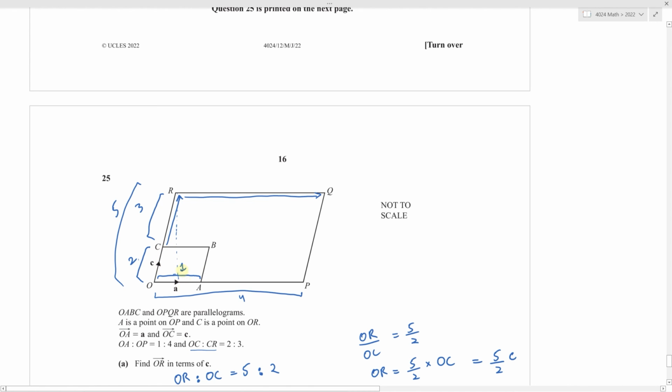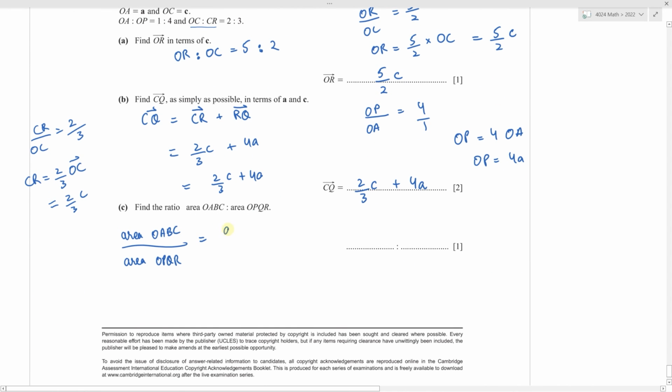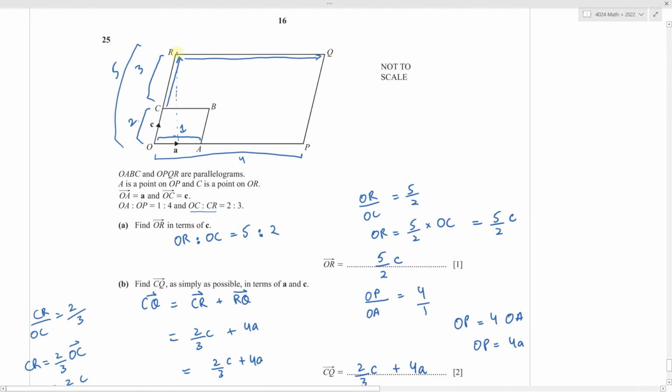So the area of this smaller parallelogram will be this A times C, so AC. What is the area of the other parallelogram? We calculated this RQ side or OP side was 4A, multiplied by this OR.